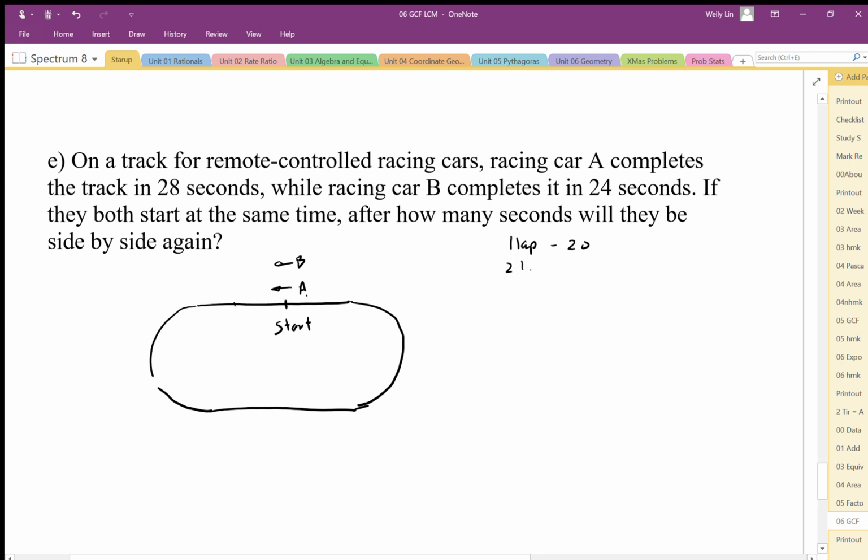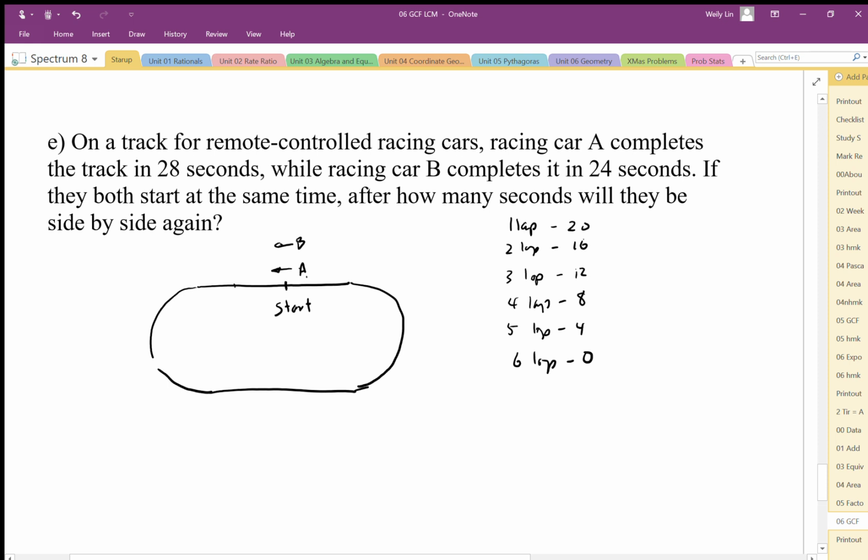After 2 laps, he's 16 seconds behind. After 3 laps, he's catching up 4 seconds each time, so 12 seconds. On the 4th lap he's 8 seconds behind, on the 5th lap 4 seconds behind, and on the 6th lap he catches him and they're at the same point.